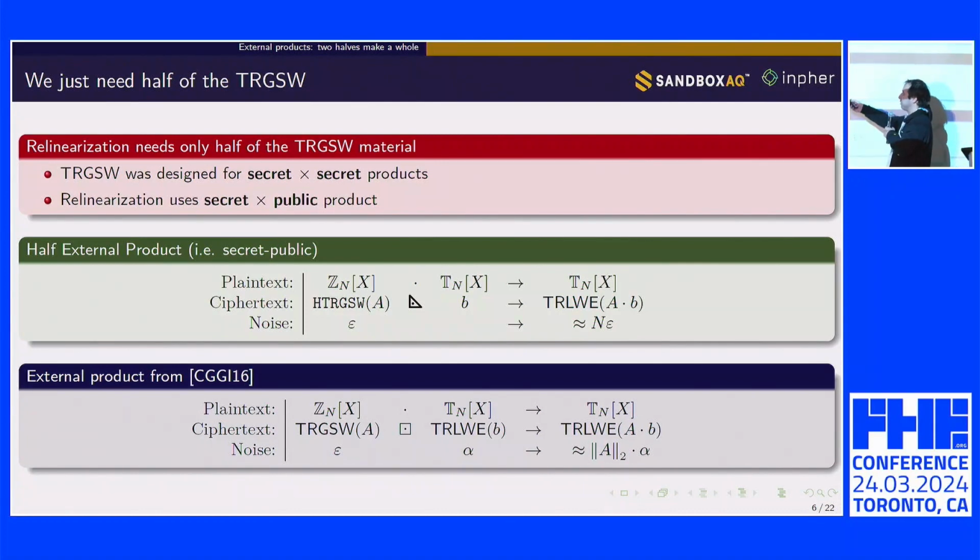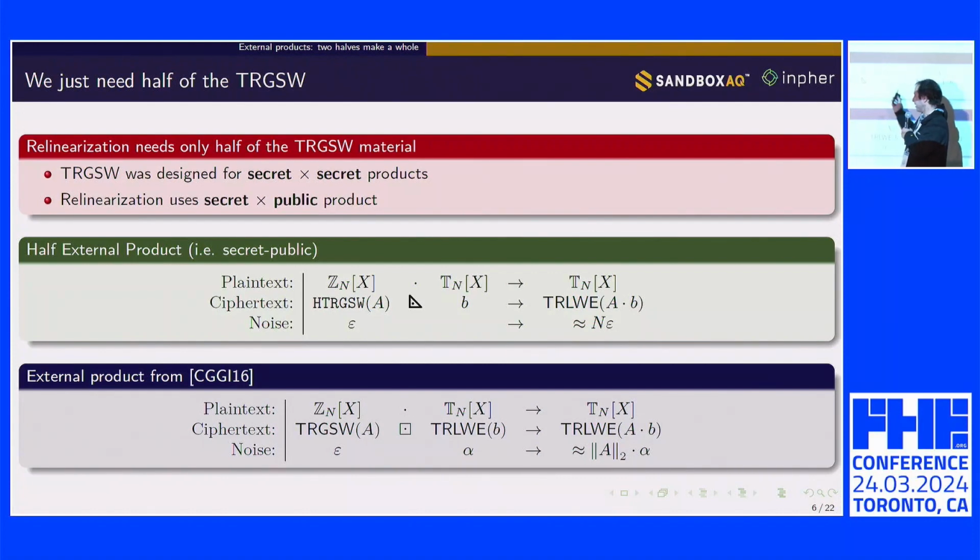In the paper, we are just fixing the notation. Instead of having a full secret-times-secret external product, we can talk about a half external product, where we multiply a secret coefficient times a public polynomial.